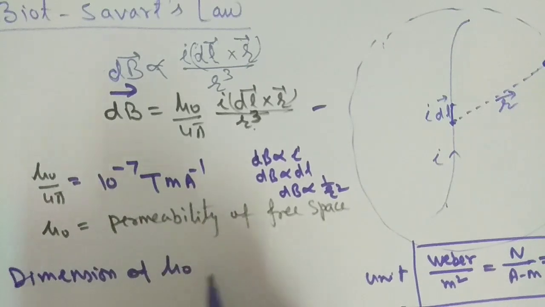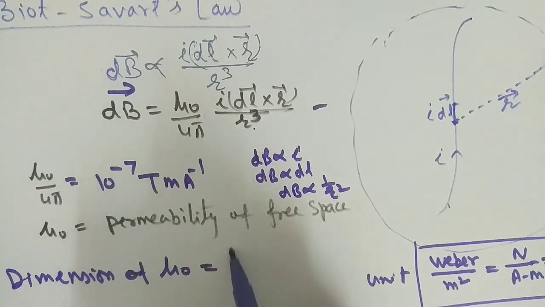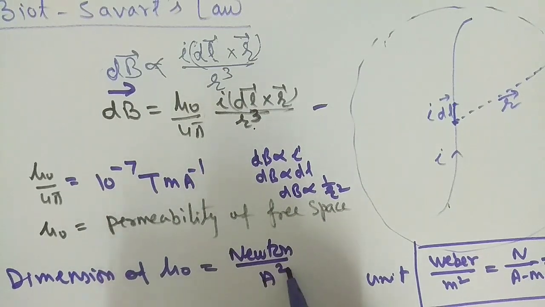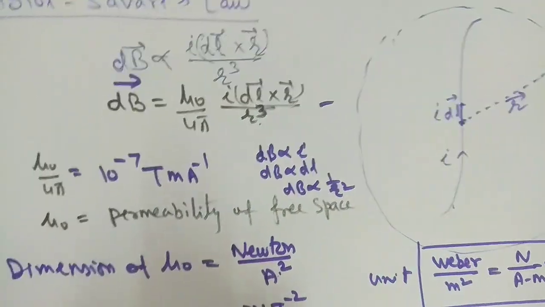Dimension of mu naught. So I'm writing directly. The unit of mu naught is Newton per ampere square. So we can write Newton means MLT to the power minus 2, the unit of force, and the ampere square.